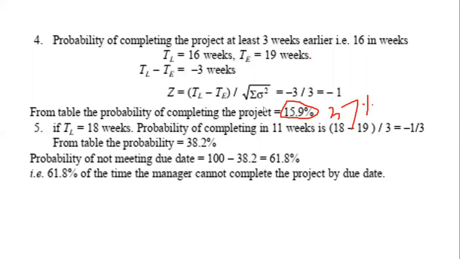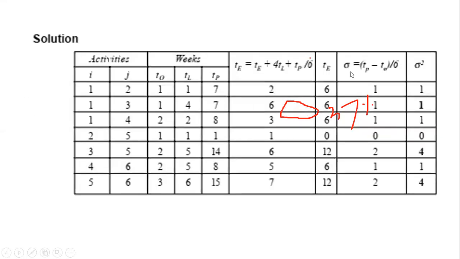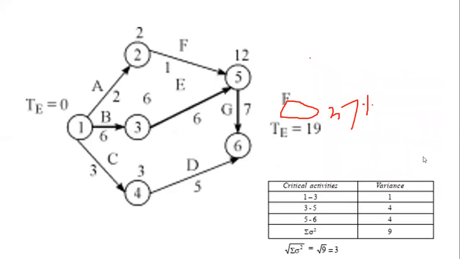So variance squared we have already calculated here. What is the formula for that? Sigma is equal to TP minus TO divided by 6. So TP minus TO, 7 minus 1 divided by 6, so 1. So these sigma values and sigma square values we have already calculated in this table in the previous case.